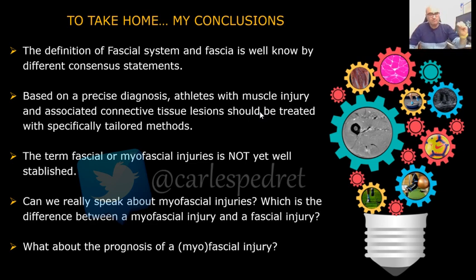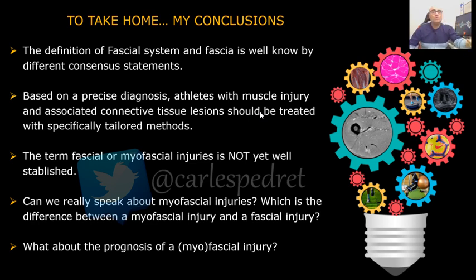Athletes with muscle injury and associated connective tissue lesions should be treated with specifically tailored methods, not a protocol, not a standard, individualized treatments. And the term, and this is my opinion also, the term fascial or myofascial injury is still not well established when we speak about injury.